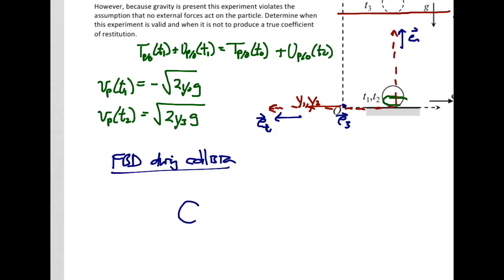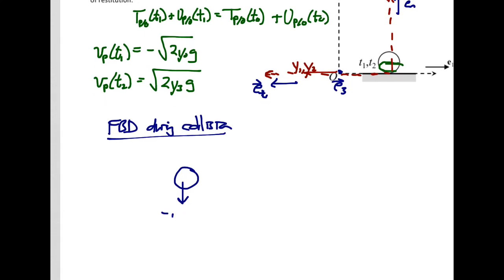then our particle P, we have negative mg in the E2 direction, and then our impulse is Fp from time 1 to time 2 in the En direction.